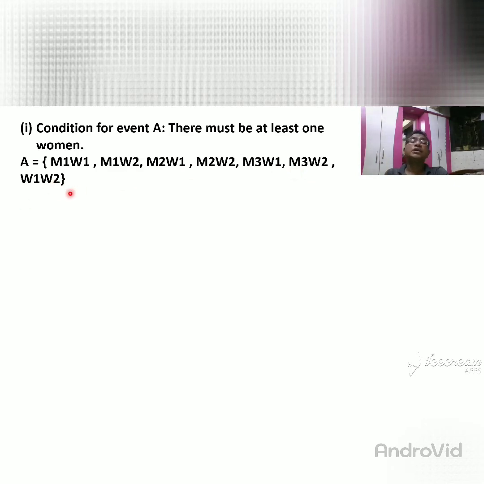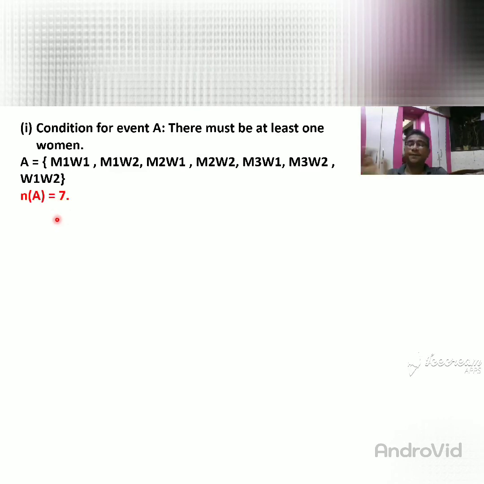W1, W2 is right because they have more than one woman, and it is also possible because it says at least one woman. At least means minimum one, maximum any number. So W1, W2 is possible. So the number of A is equal to 7.